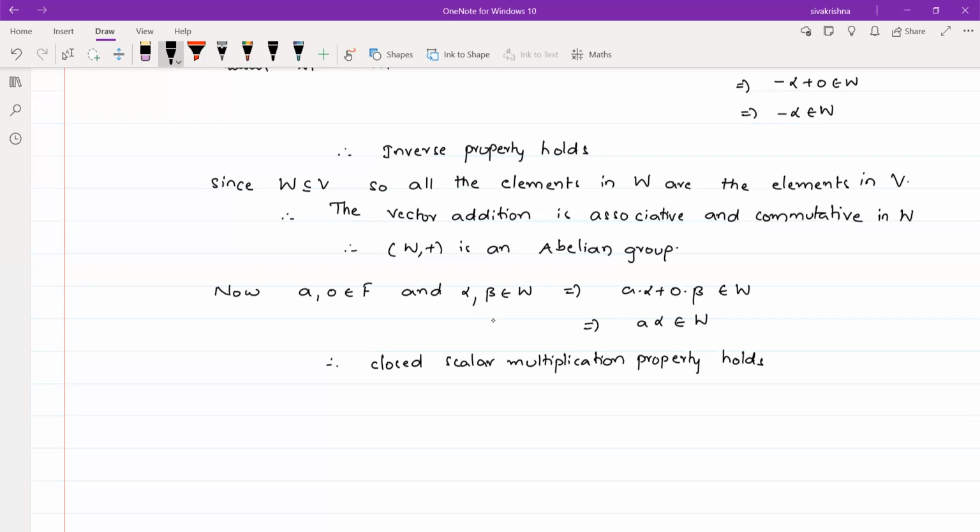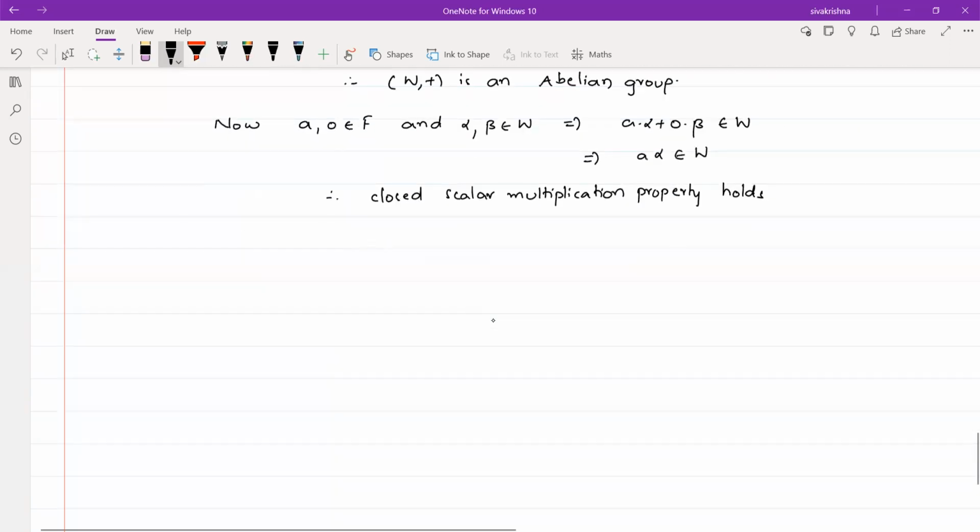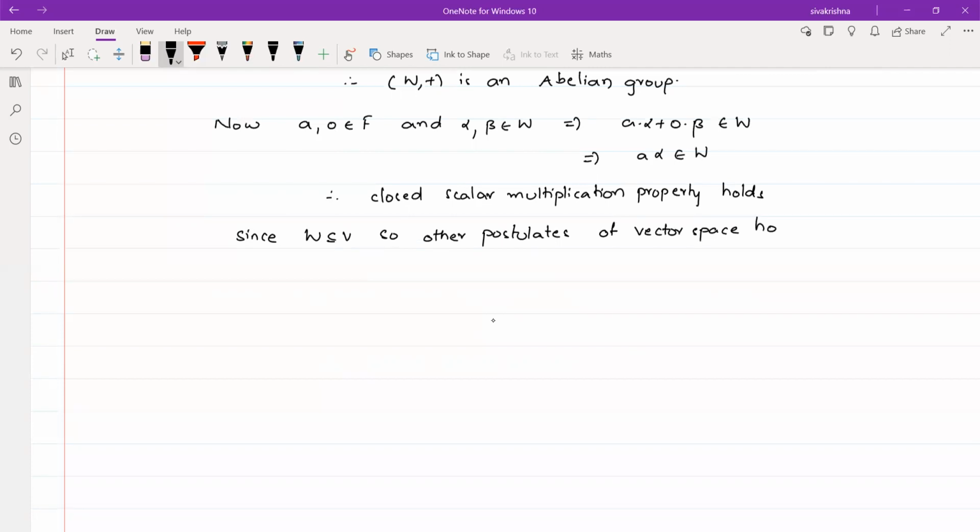Okay, so after that, we have to prove the postulates. Once again, I am saying that since W is a subset of V, the other postulates of vector space hold in W. So we need not prove the postulates.